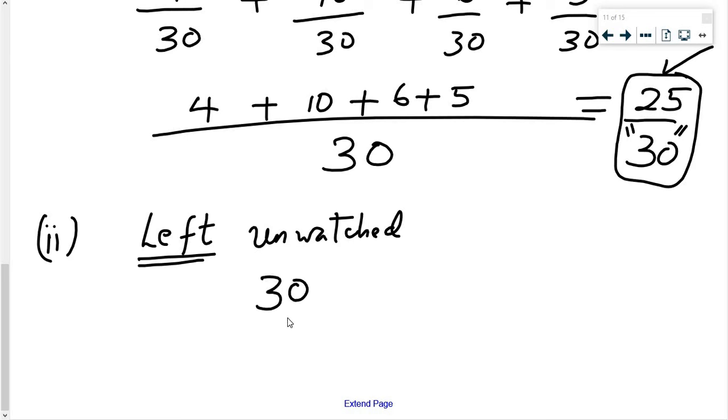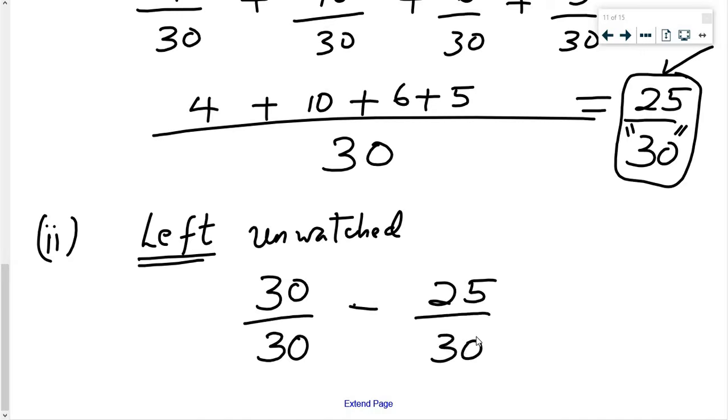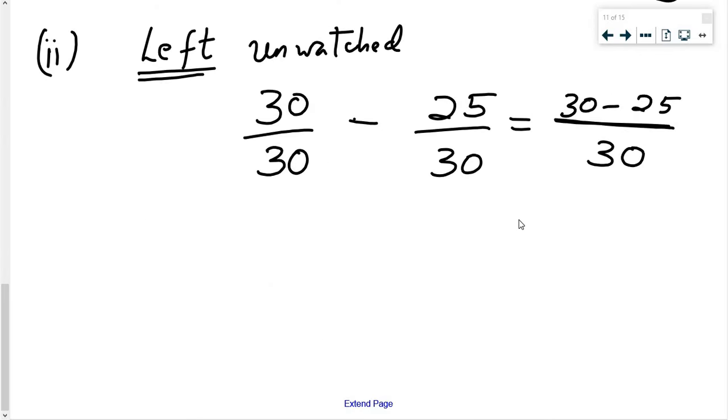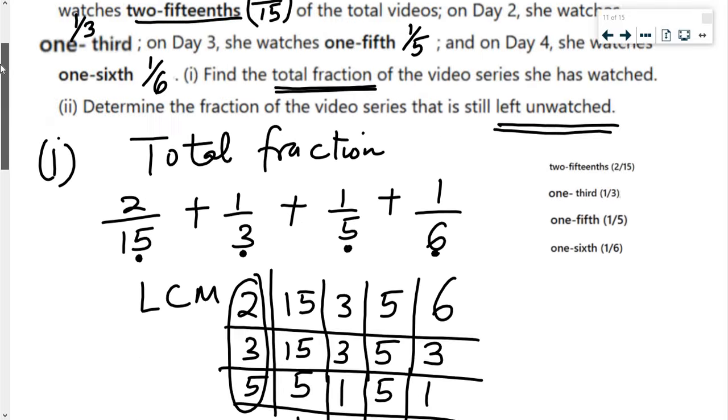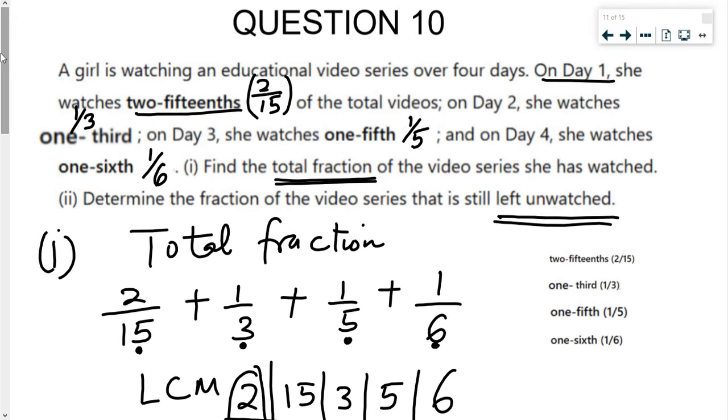So do 30 upon 30 minus 25 upon 30. Then make one line and then subtract the numerators. So how much fraction is left unwatched? It will be 5 upon 30. This is the fraction which is left unwatched. Next question.